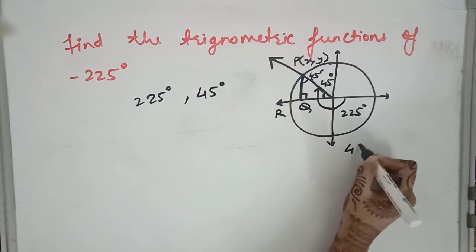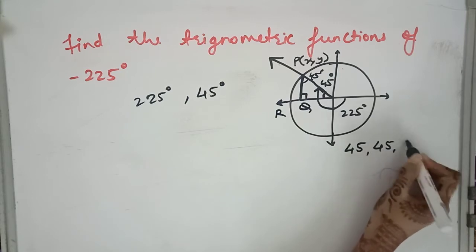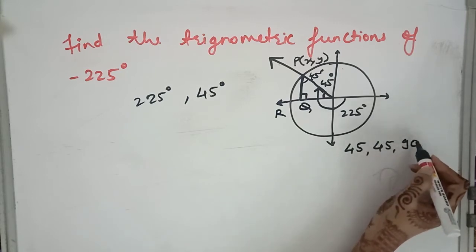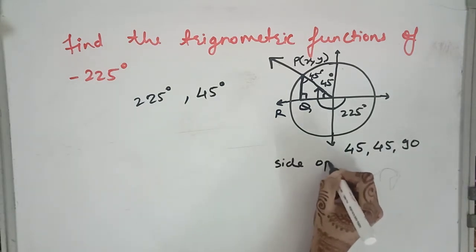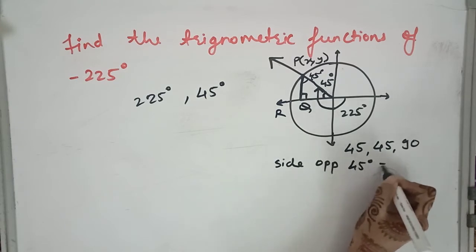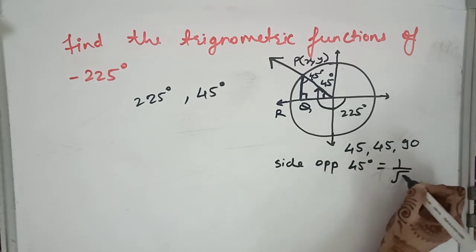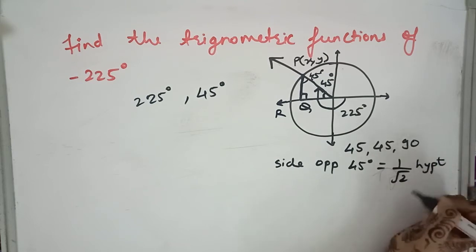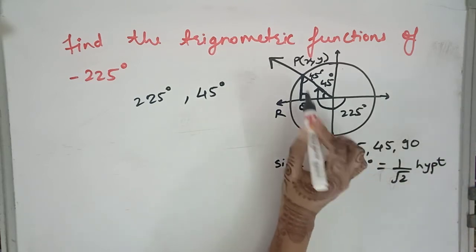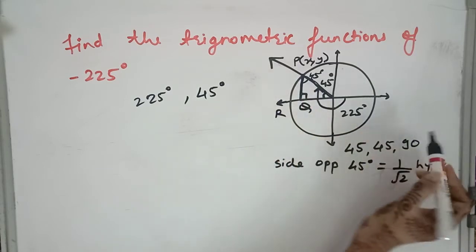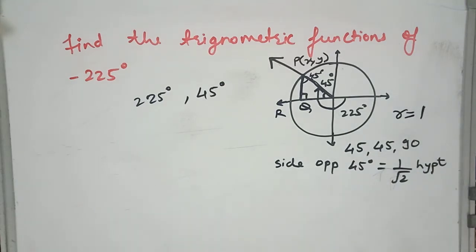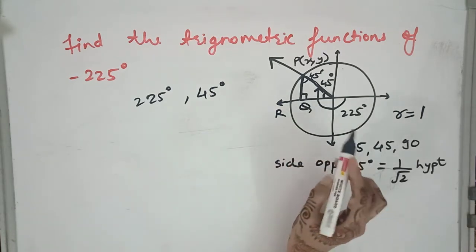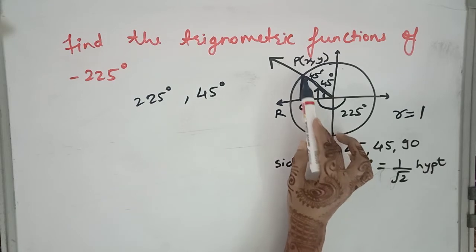Now we have studied the 45, 45, 90 degree theorem, in which the side opposite to 45 degrees is equal to 1 upon root 2 times the hypotenuse. The hypotenuse over here is the radius r. This is the unit circle, so r will be equal to 1. So for the side opposite to 45 degrees, first we will find the side PQ.